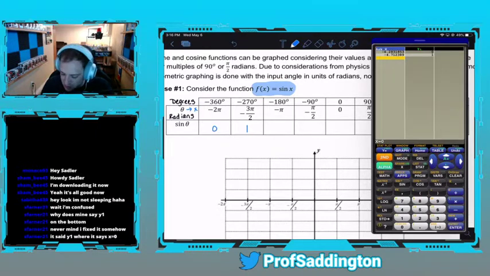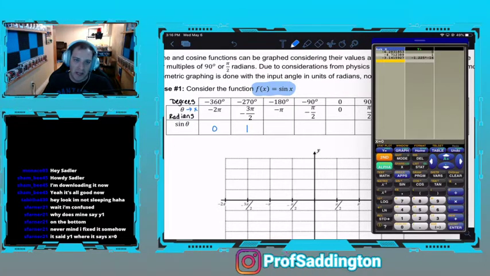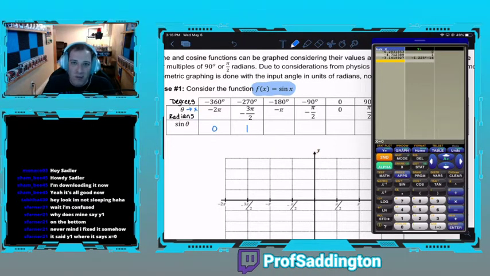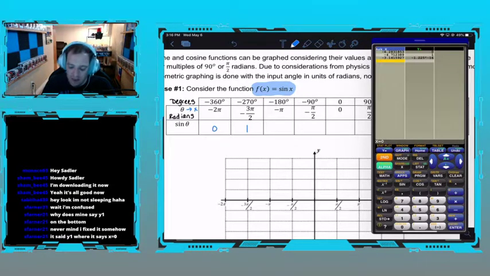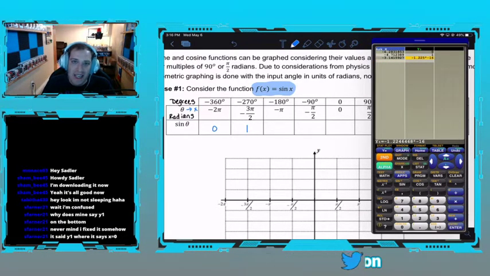I got to type in the new answer, which is negative pi. I press enter, and I'm getting a crazy decimal right here. And this will happen sometimes. And this is why I wanted to walk you guys through it. That says negative 1.225, and I know it's hard to read on mine, but it says e to the negative 16. E means scientific notation.